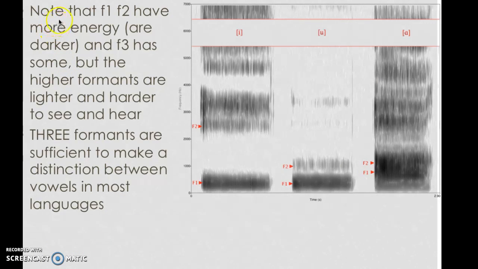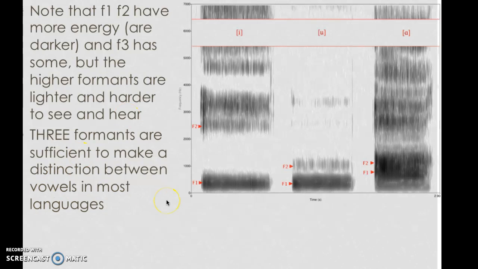So here's the moral to that story. Note that the first and second formants have more energy, they're darker. F3 has energy, but the higher the formants, the lighter their energy bands are, and the harder they are to hear.